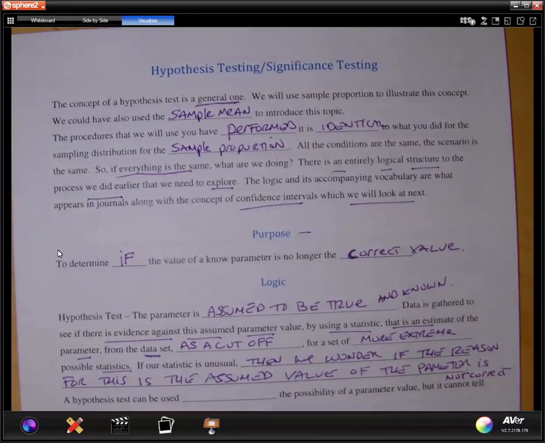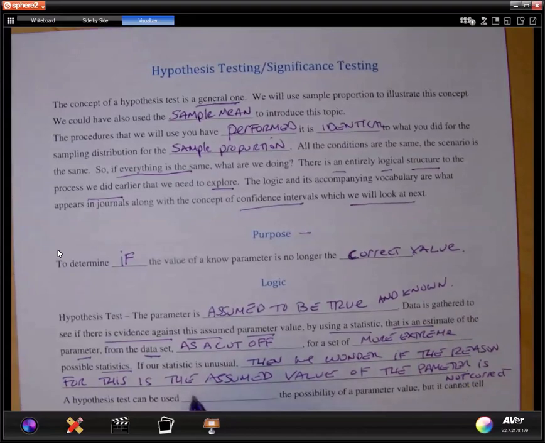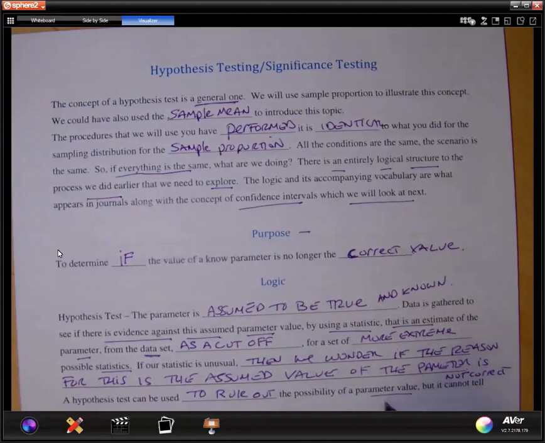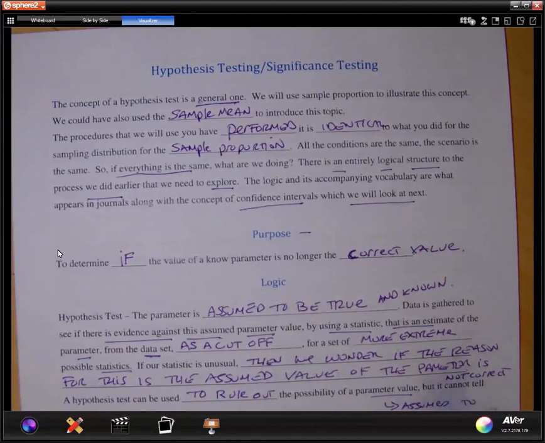The hypothesis test can be used to rule out the possibility of a parameter value, the one that we assume to be true. But I cannot tell you what the parameter value actually is.